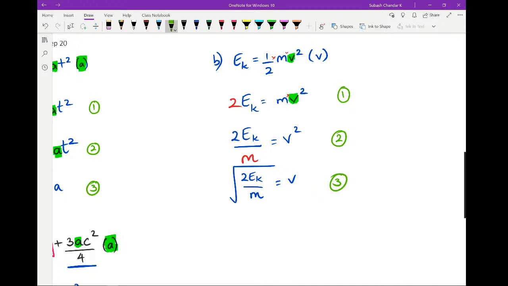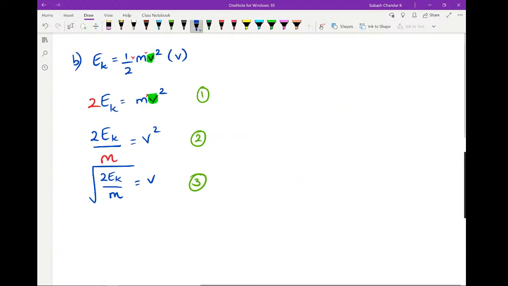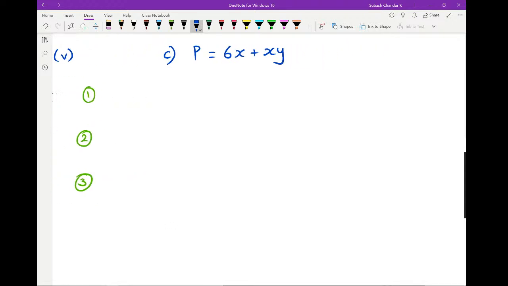All right, so now we're going to start moving away from the physics formulas and start throwing some crazy formulas at you guys, and we'll go through it. Okay, so question C is this one here. With question C, what I would like you guys to do is make X the subject.